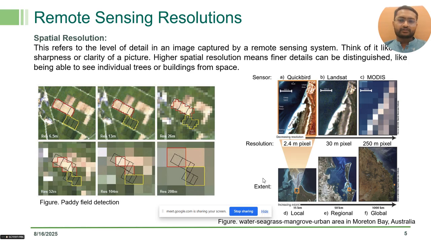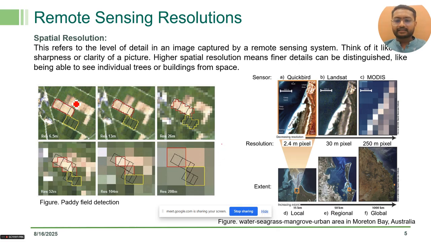Spatial resolution means the size or level of detail which we can see in our image. Basically, it is defined by the pixel size. If our pixel size is very small, then we have a very high resolution image. So here you can see 1 pixel.